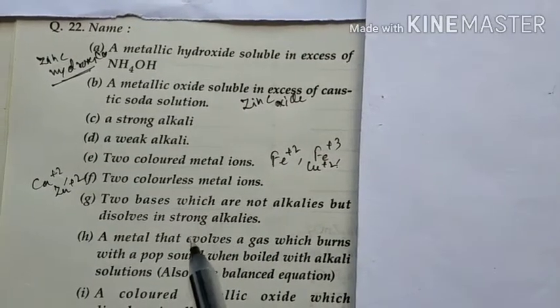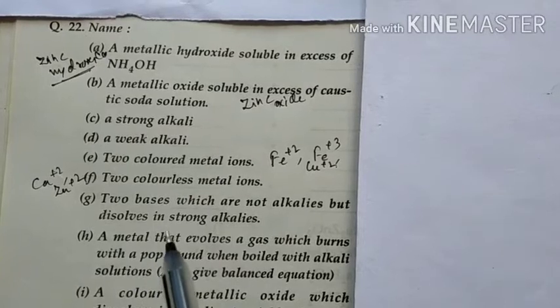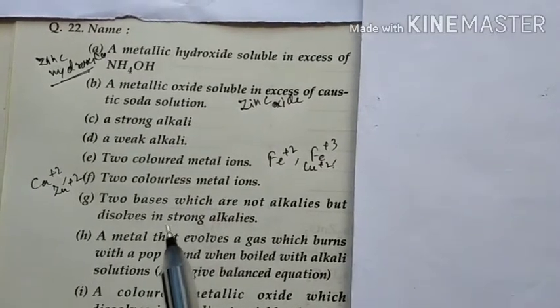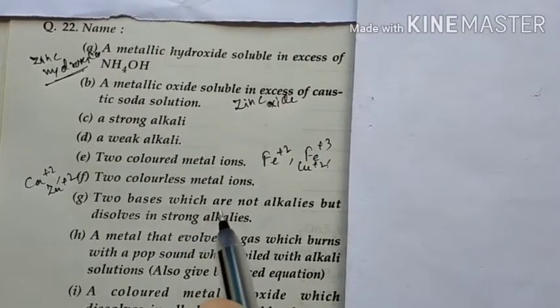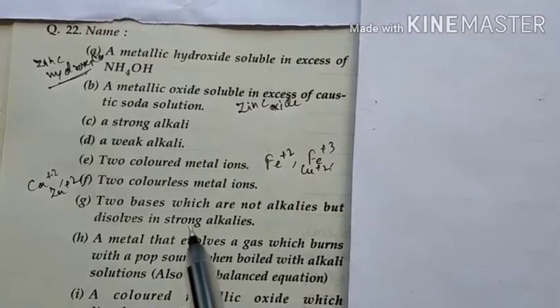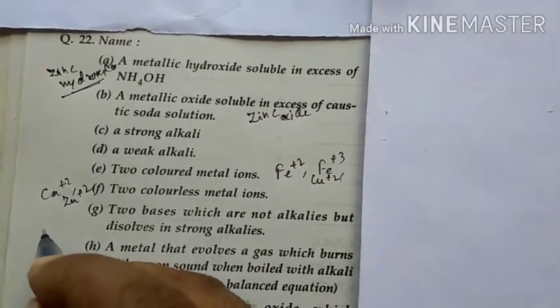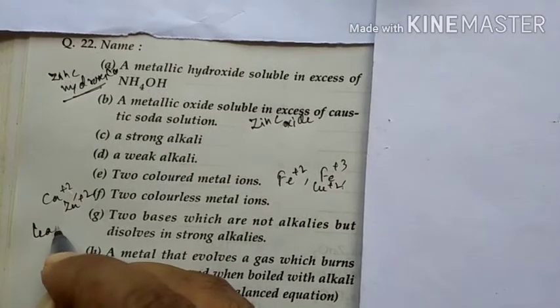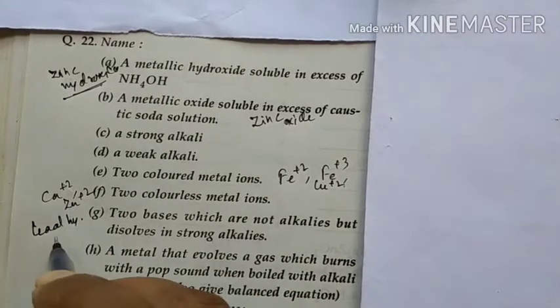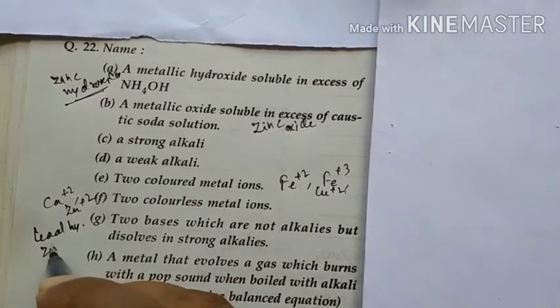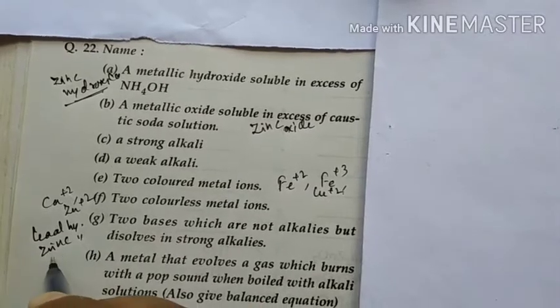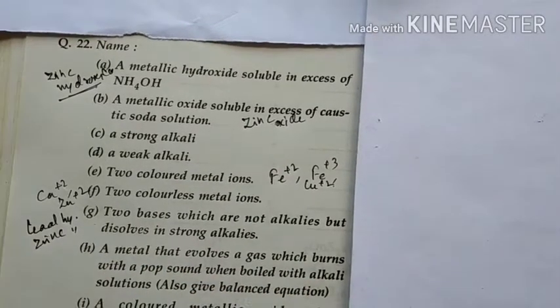I have already discussed with you lead hydroxide and zinc hydroxide, they are bases, not alkalis, but they dissolve in strong alkalis. So it should be lead hydroxide and zinc hydroxide.